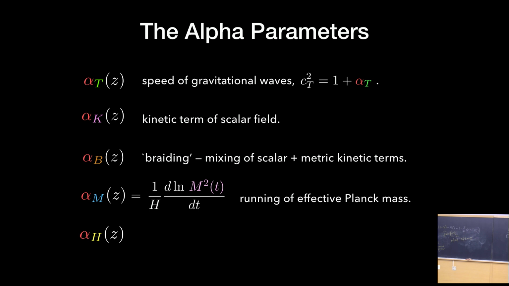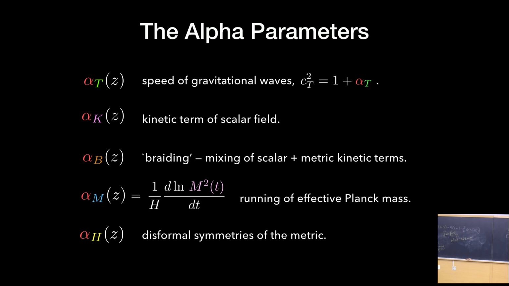Finally, there's alpha H, which was the one that came from the Beyond Horndeski extension. We won't really focus on that today. It's a bit more technical. The jargon is that it quantifies the symmetry properties of your theory. So these 5 parameters, but mainly the first 4, are what we want to get a handle on.